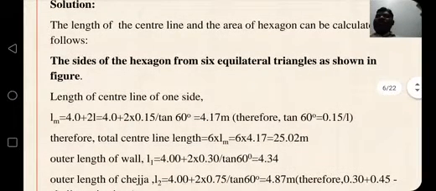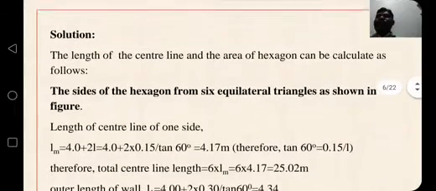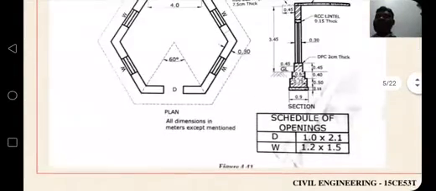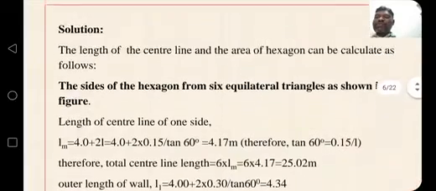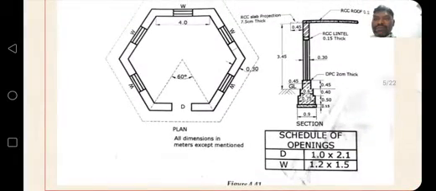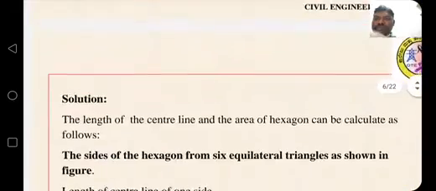Length of center line of one side, mean length L, is equal to 4 meter plus 2 into 0.15 divided by tan 60 degree, which is equal to 4.17 meter.